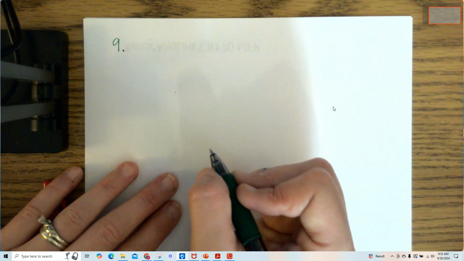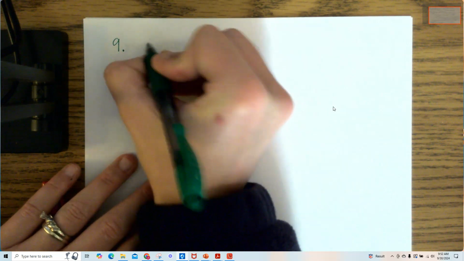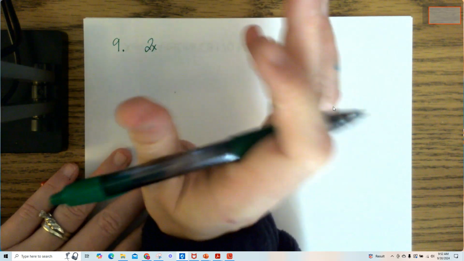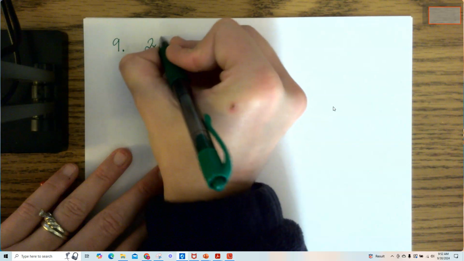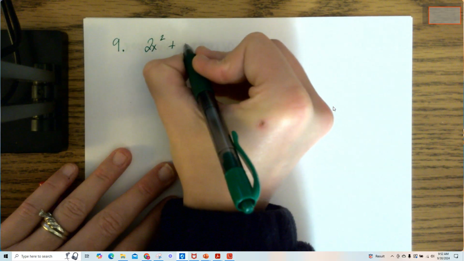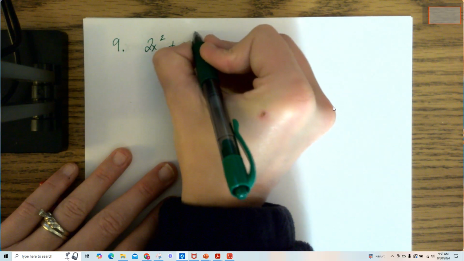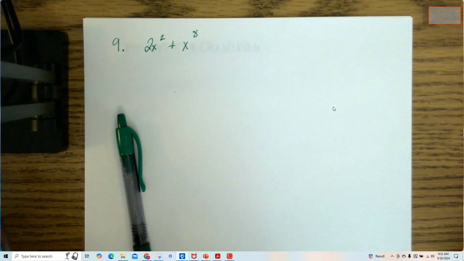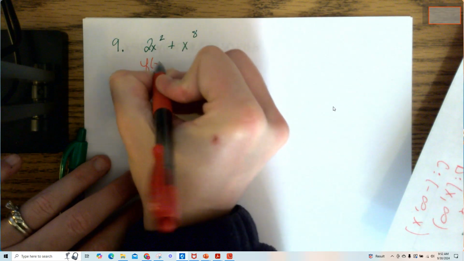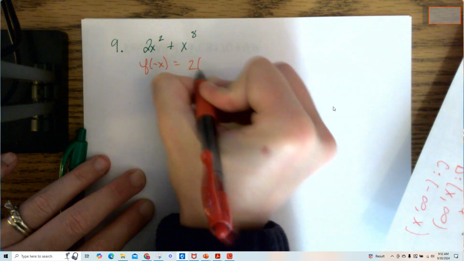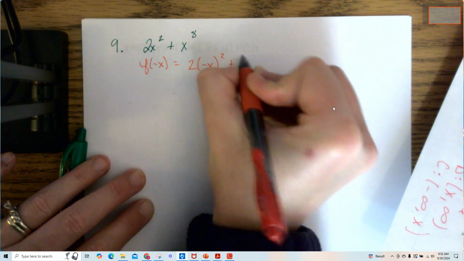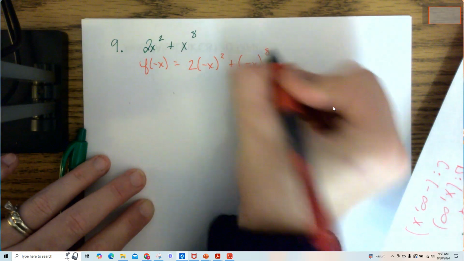2x squared plus x to the 8th power. Okay. So f of -x would be 2 times -x squared plus -x to the 8th.